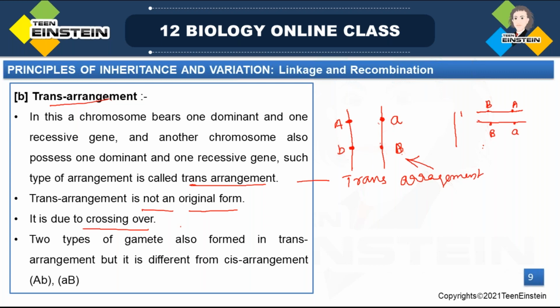It will align in this form. At the time of crossing over, one half like this and one like this will form. Again, after cell division, this will become a pair, small a and capital B, and the next will be like this. This is the crossing over with another chromosome. So finally, the pair will become like this, with this part B.